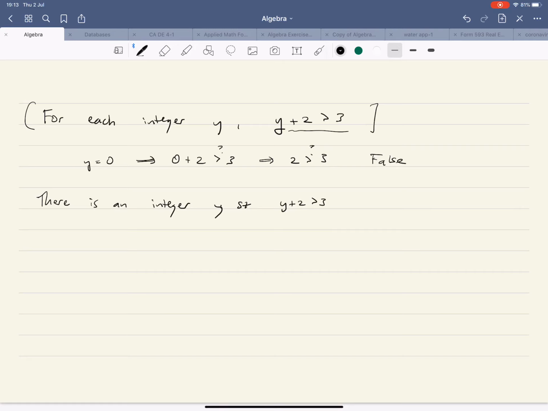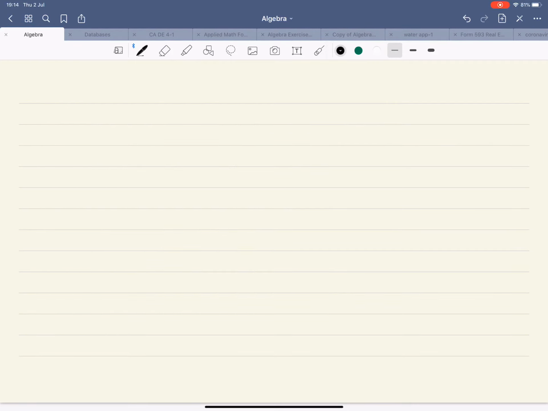We can think of some integers where this is true. If I plug in 100, then I'm going to get 102 greater than 3. That's totally true.